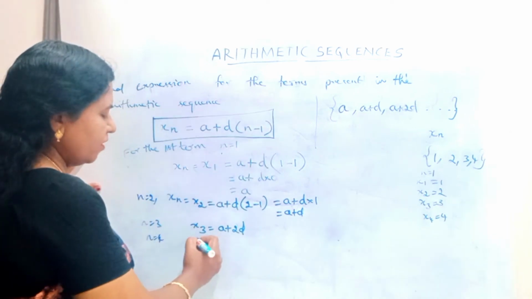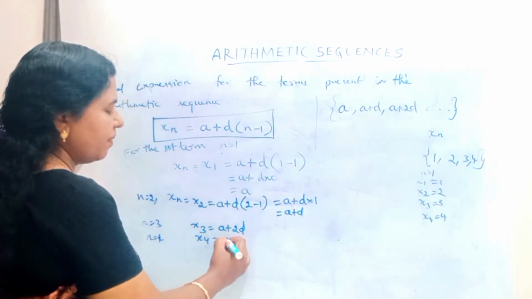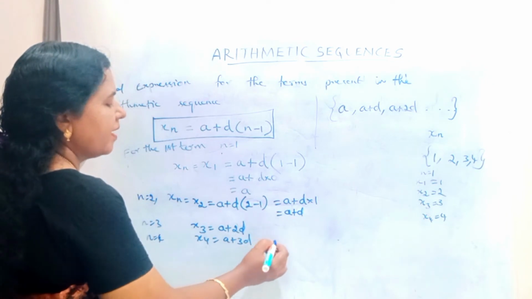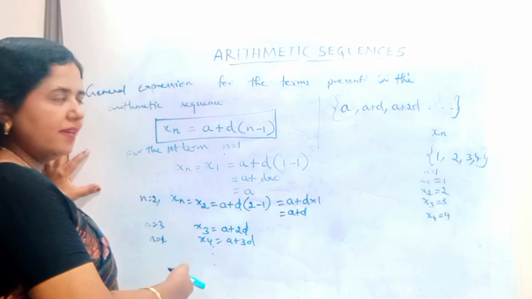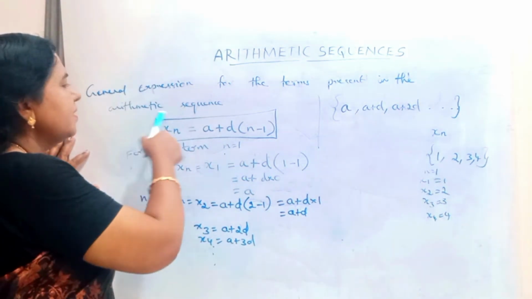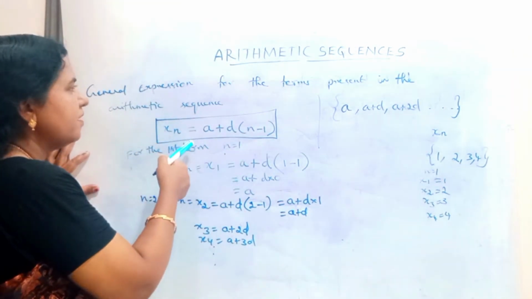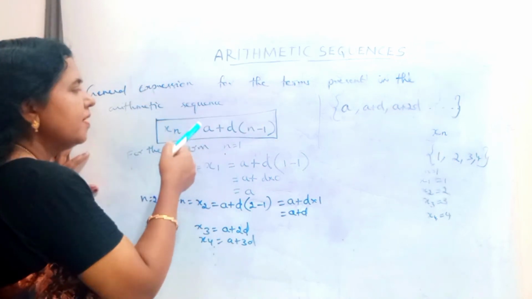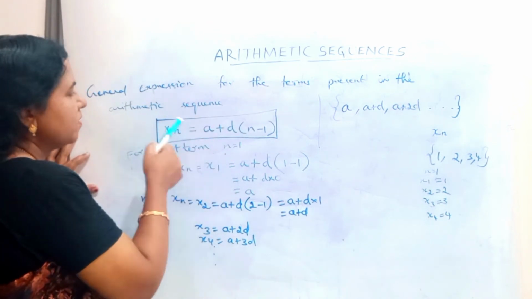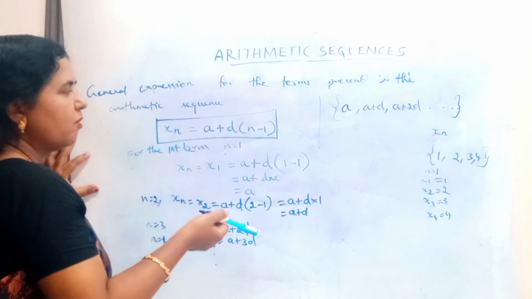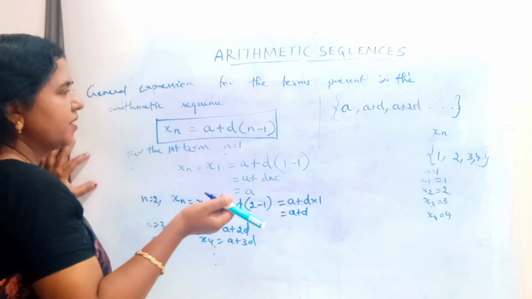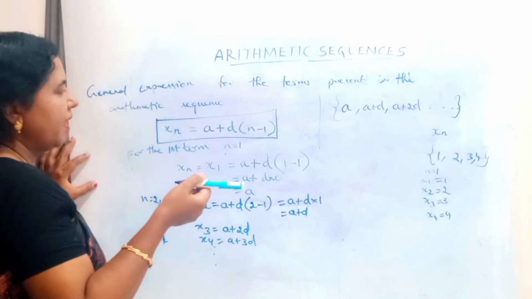Similarly, x4 will be equal to a plus 3d, and this goes on. In this way, we can find the expression for any term. This is the general expression for the terms present in the arithmetic sequence. By using this expression, we can answer many types of questions. So we can see some examples.